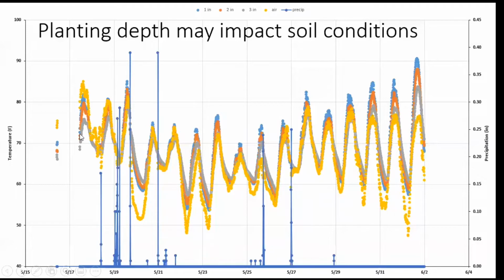Basically, we put a soil temperature and moisture probe in the soil at the depth of planting. The blue dots indicate the soil temperature at a planting depth of 1 inch. The orange dots represent 2-inch planting depth temperature. The gray dots represent our 3-inch planting depth temperature. And the yellow dots show the air temperature.